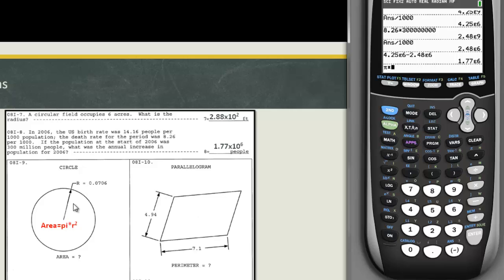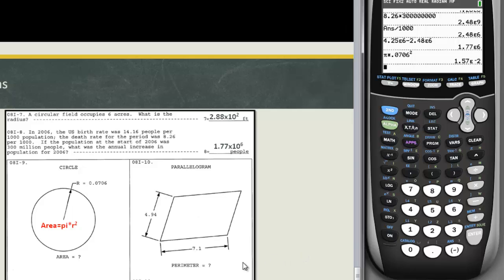So what's my radius? My radius is 0.0706. And my exponent is squared, because that's the other part of the formula. When I hit enter, I should get 1.57 times 10 to the negative 2. So 1.57 e to the negative 2. So I changed the e to the times 10, and we're good to go.